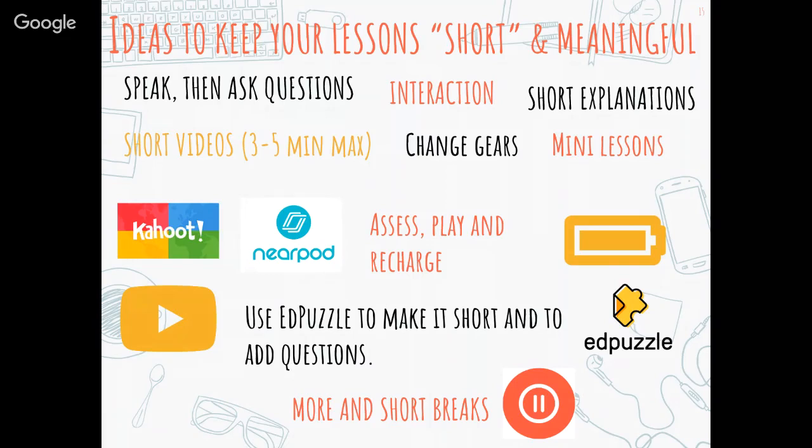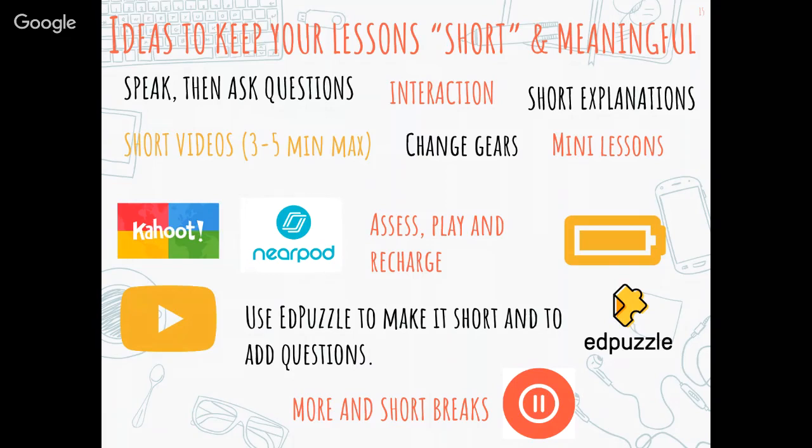Some of the tools that we use to do this, there are plenty, and maybe you are already familiar with them, but it's always a good reminder that there are a lot of technology tools that will help make your lesson engaging and short. Even though technology is part of why we are all over the place and not paying attention, technology is also a great asset to teachers to engage and deliver information effectively.